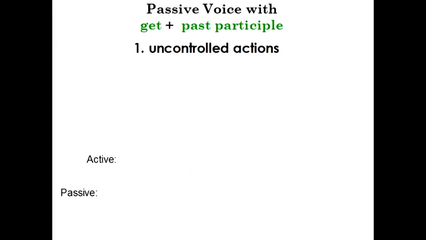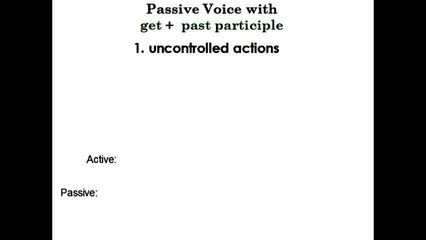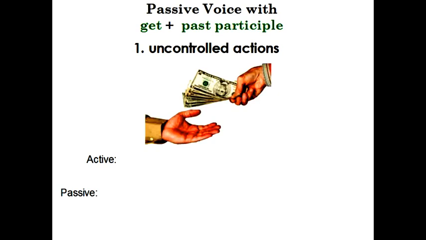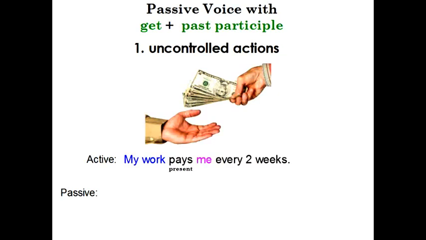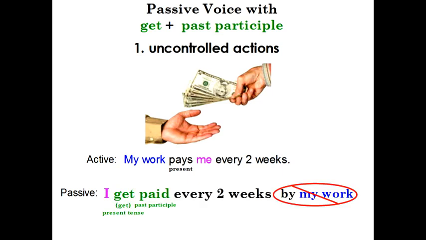But let's take a closer look at what I'm talking about when I say an uncontrolled action. So again, using get plus the past participle, I can use this for uncontrolled actions. For example, in the active voice, I say, my work pays me every 2 weeks, right? But I don't control this, and I can use a passive voice sentence with get, and I can say, I get paid every 2 weeks.